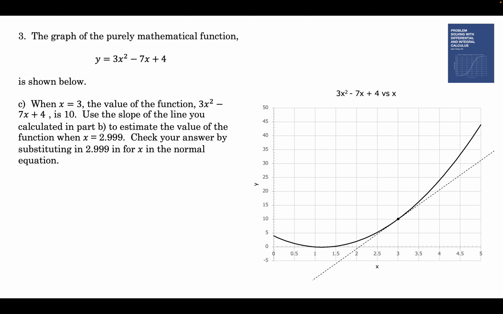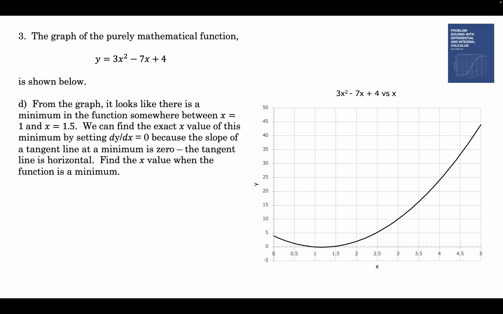We just plug in 2.999 for x, and we get 9.989003. A little bit off, and of course we should expect it to be a little bit off because the line's not straight. We expected that.